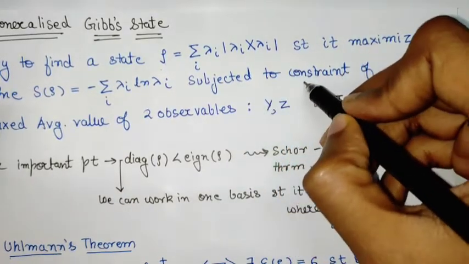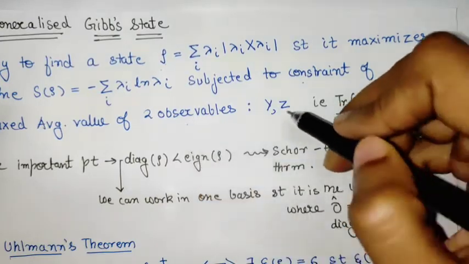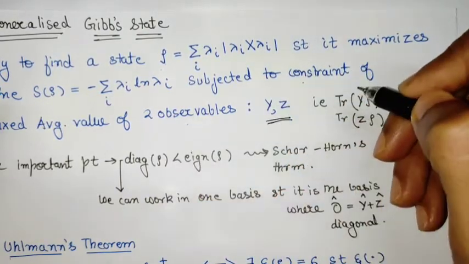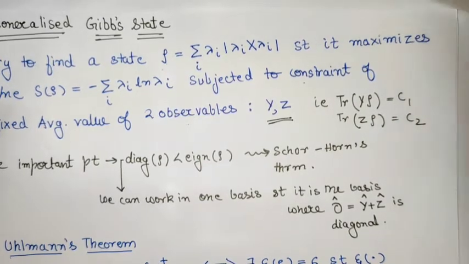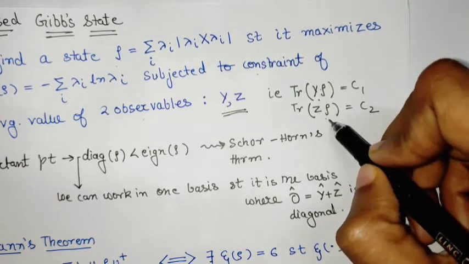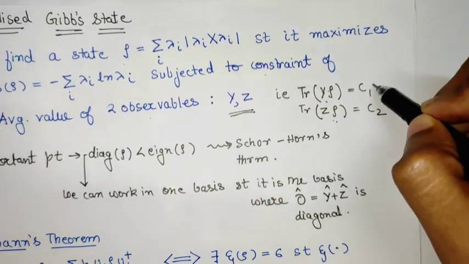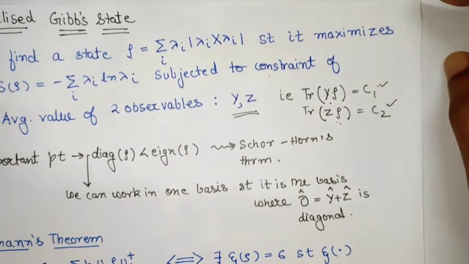Subject to the constraint that the average values of these observables, here we have taken two observables, but we will see that it generalizes to n observables, are fixed, or remain constant.